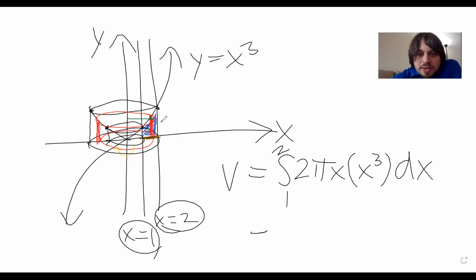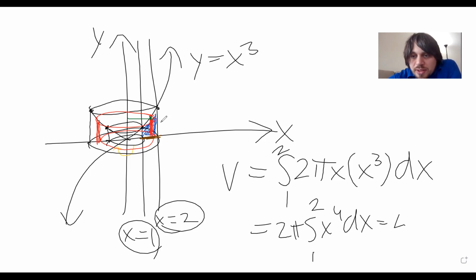When you calculate this, you get 2 pi times the definite integral from 1 to 2 of x to the 4th dx. This is equal to 2 pi times x to the 5th over 5, evaluated from 1 to 2. That's equal to 2 pi times 2 to the 5th, which is 32.